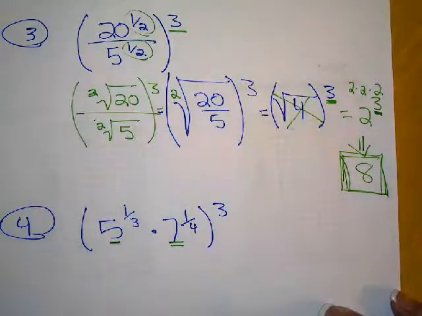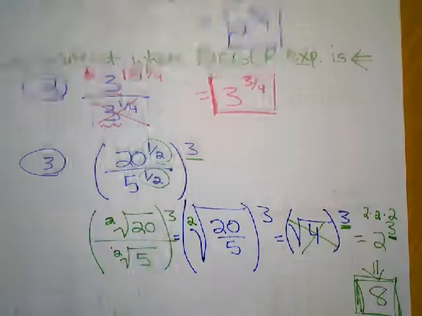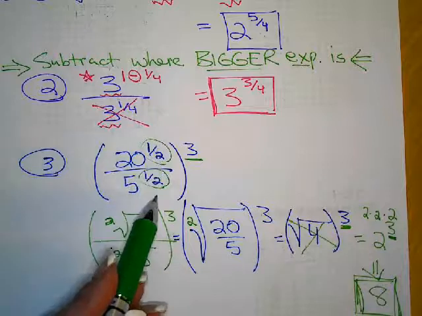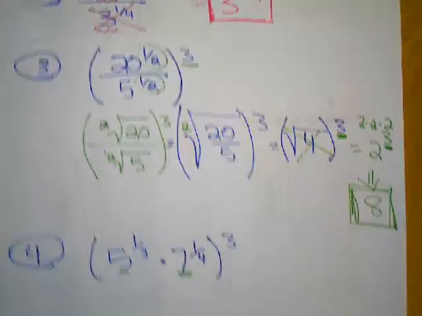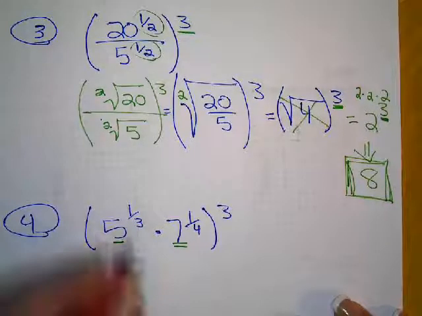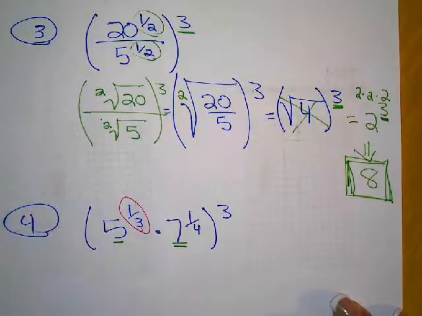Okay? So, if I look at that and say, well, can I write them as radicals? I could. Let's go ahead and try that, because isn't that what we did over here? But notice this was a 1/2 and a 1/2, so I don't know if that's going to help us either. But if I look, a 1/3, that's going to be a cubed root, correct?